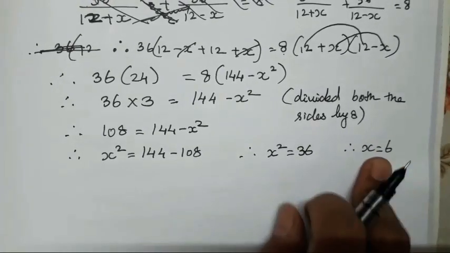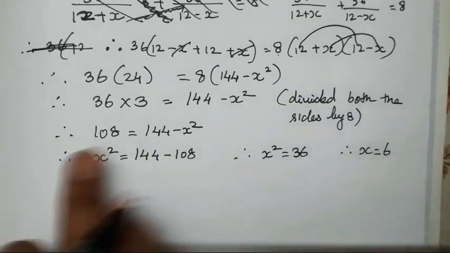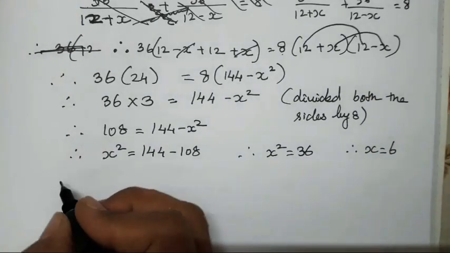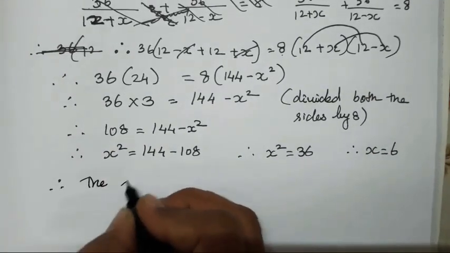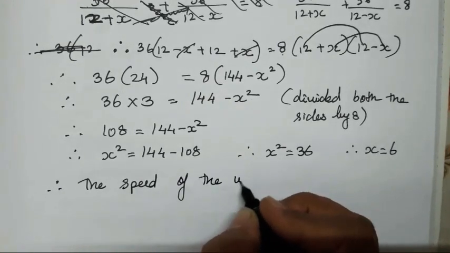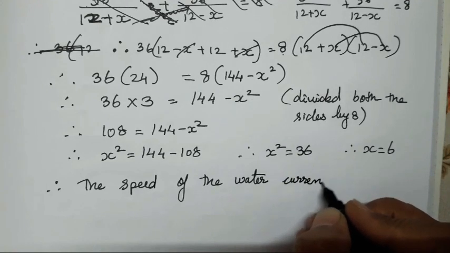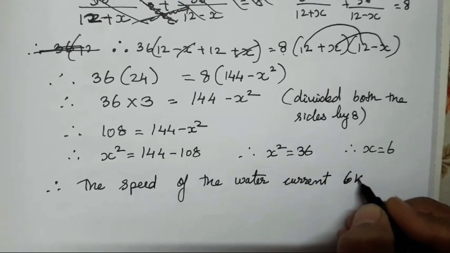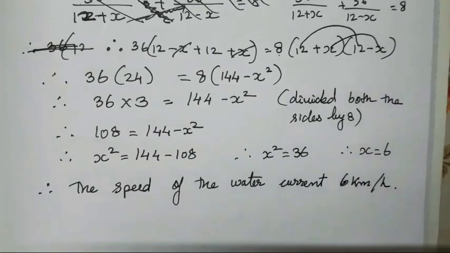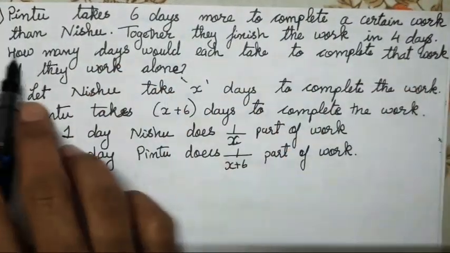We don't have to take minus, so let's not write it, because a positive number is acceptable. Therefore the speed of the water current is going to be 6 kilometers per hour.